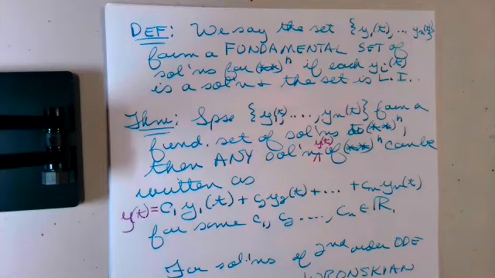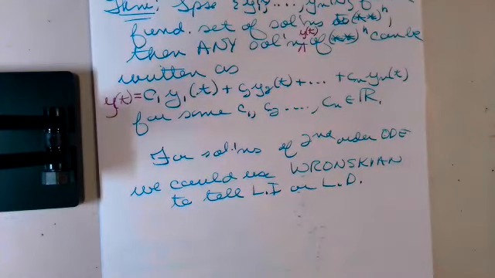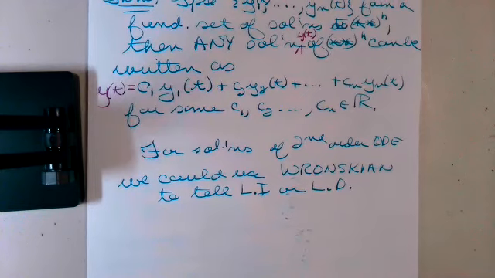The solutions of second order ODEs, if you remember, one way we could check if they were linearly independent or linearly dependent was by using the Wronskian. Generally, if I show you a set of functions and ask whether they are linearly dependent or independent on an interval, you have to use the definition. There is no other way around it.